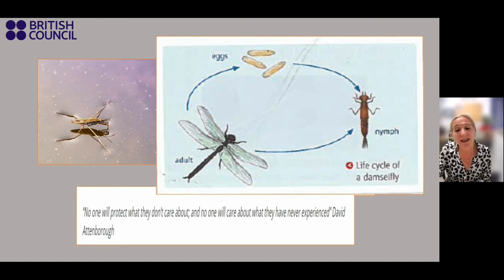That would be our KWL, our previous knowledge, what they know already. And then what do you want to know about it? Well, for example, the eggs. Where do they lay their eggs? What do the eggs look like? And then from that egg, then we know that it develops into a nymph. So maybe we want to know something more about the life cycle.